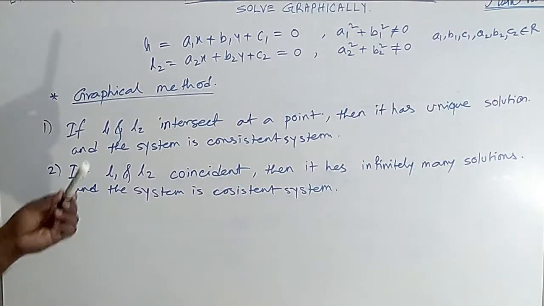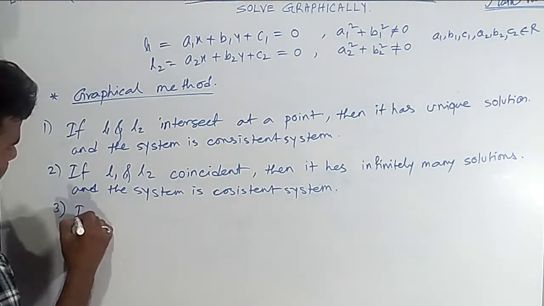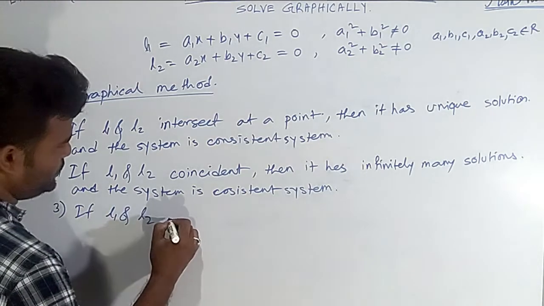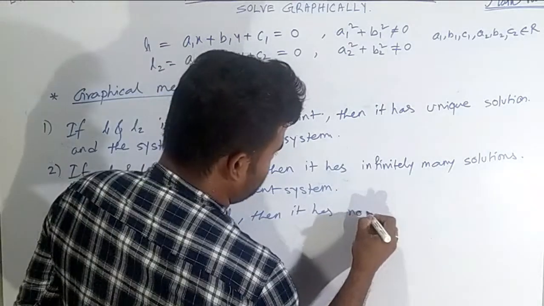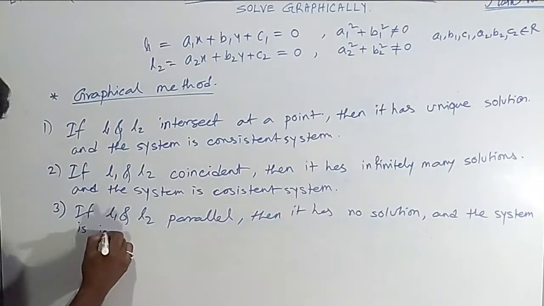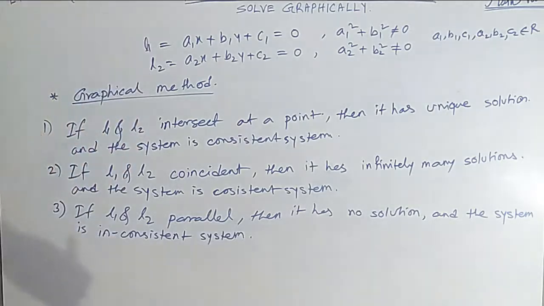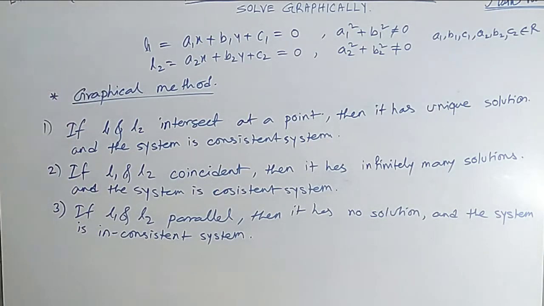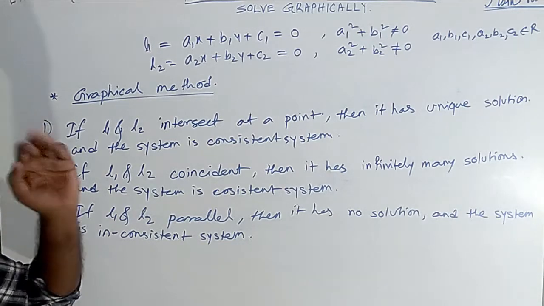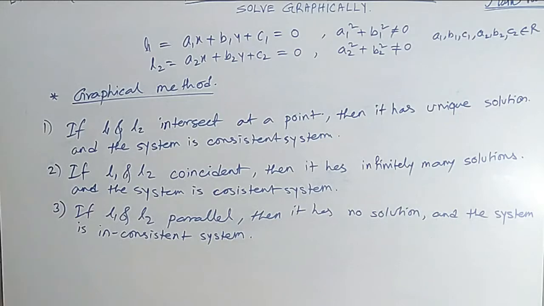And for the third condition, if L1 and L2 are parallel, then it has no solution and the system is inconsistent. That's it. That means there are two types of simultaneous linear equations. One is consistent, another is inconsistent. Now for a consistent system, there are two types of lines.